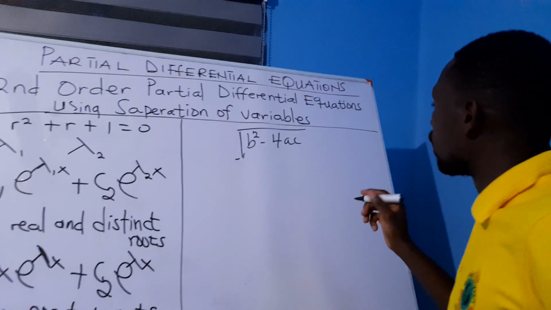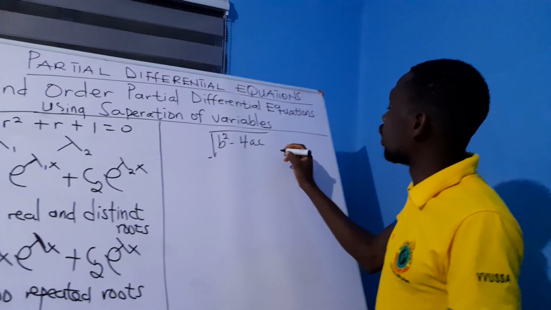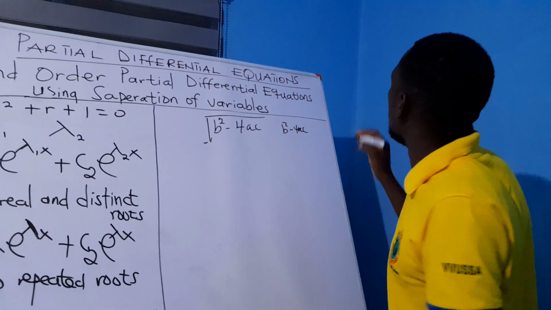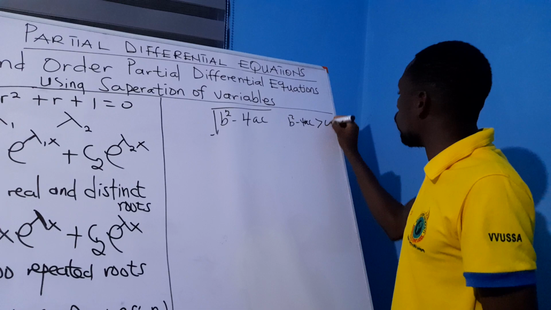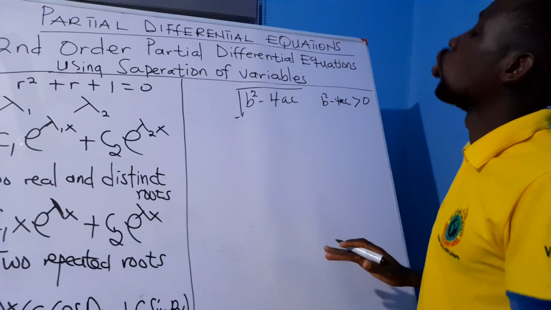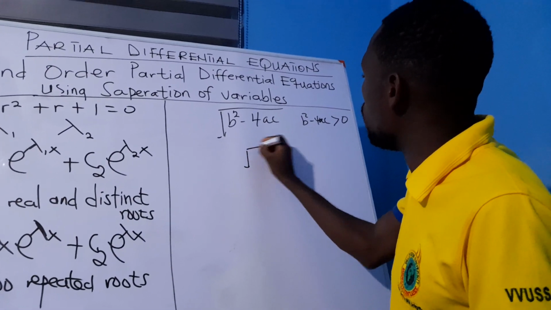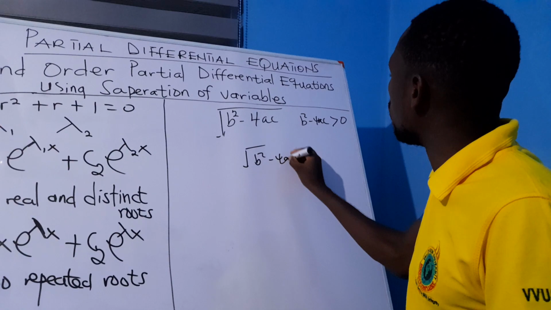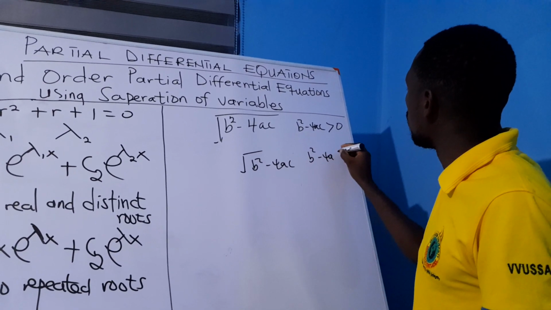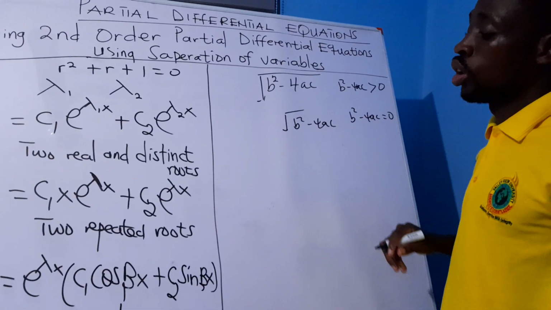If the discriminant, that's b squared minus 4ac, is greater than 0, then there will be two real and distinct roots. Then if b squared minus 4ac, that is the discriminant, is equal to 0, then there will be repeated roots.